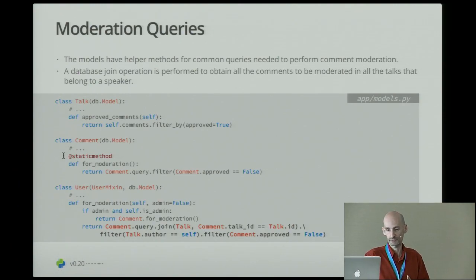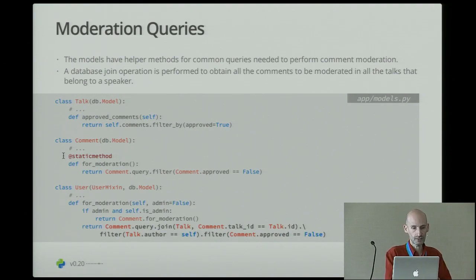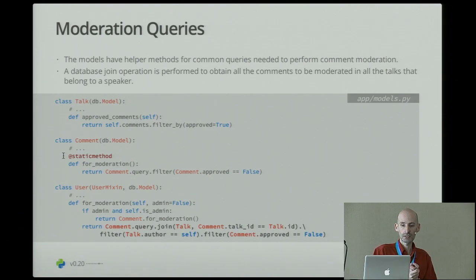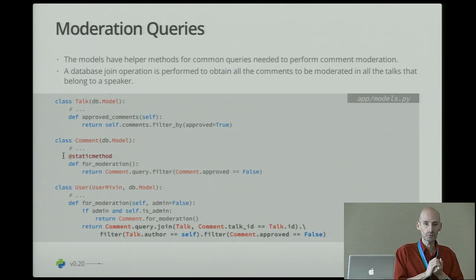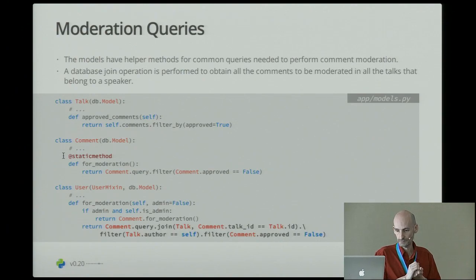I have a list of approved comments. So the top one gives me the comments that are to be published. Those are published. So now when I need to show comments to anonymous users, I get the list from here, not the generic list of comments. And then the other 2 are the comments that I need to moderate.